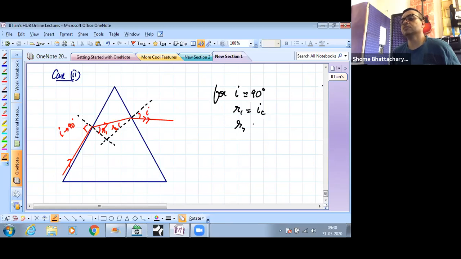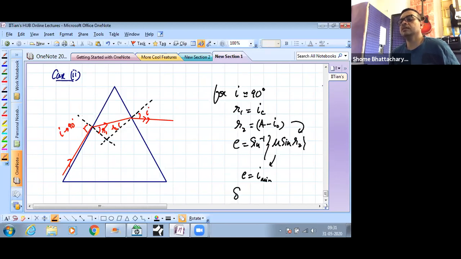So R2 becomes A minus the critical angle, and emergence becomes sine inverse of mu sine R2. So you substitute this here, you see it becomes that I minimum. Okay. And our deviation becomes maximum deviation.